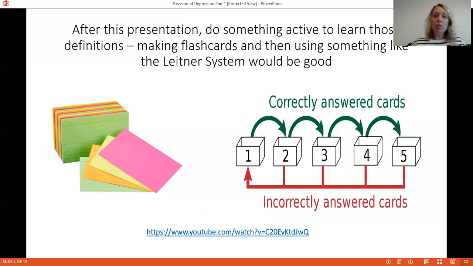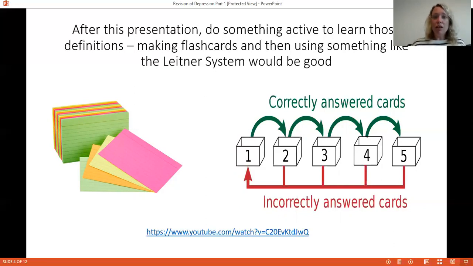Okay, so what I'm suggesting is that once we've gone through this presentation now, that you then look at it again and you stop it and you do something active to try and remember, first of all, those first 4 types of depression.